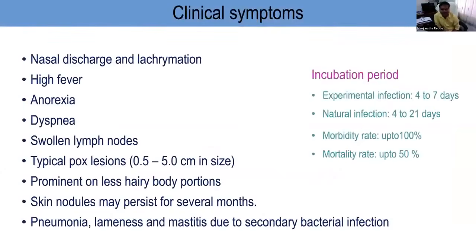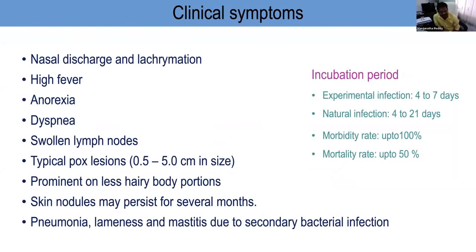Regarding clinical signs, the incubation period in experimental infection is shorter because we are injecting directly into the dermal layers. Usually in natural infections, it is 4 to 21 days. The first sign is nasal discharge and lacrimation, because it's a respiratory infection. Every virus causes high fever.